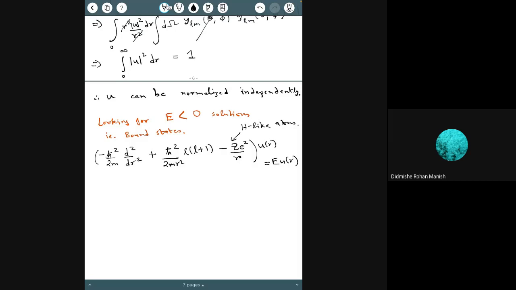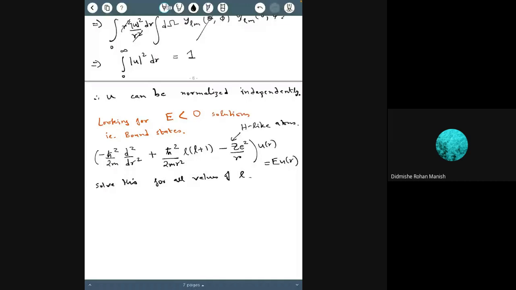So introducing the Z doesn't cause much trouble, so we solve for hydrogen-like atoms all at one go. For hydrogen itself, Z is equal to 1, of course. Okay, and we need to solve this for all values of L.